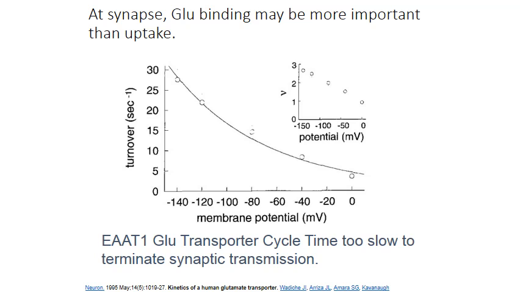And she also measured how many times a single transporter molecule cycled in any 1 second. And using these two measurements, she was able to calculate that the cycle time for a single transporter molecule to move a single molecule of glutamate was 70 milliseconds, which is much slower than the 1 or 2 milliseconds needed for the synaptic decay of a postsynaptic potential.